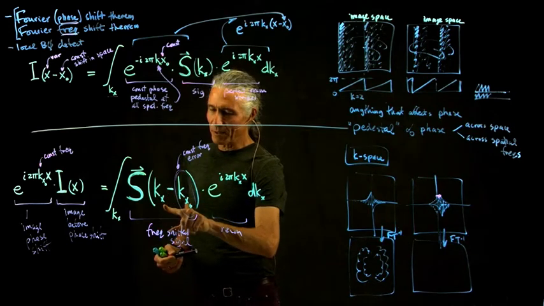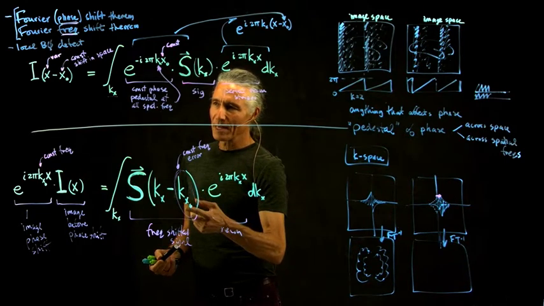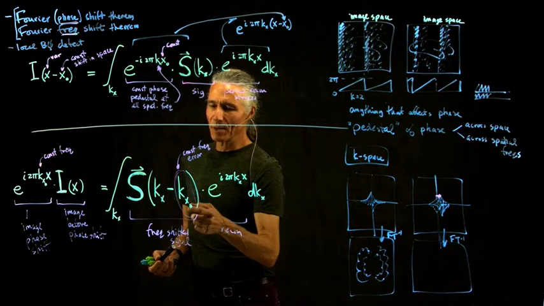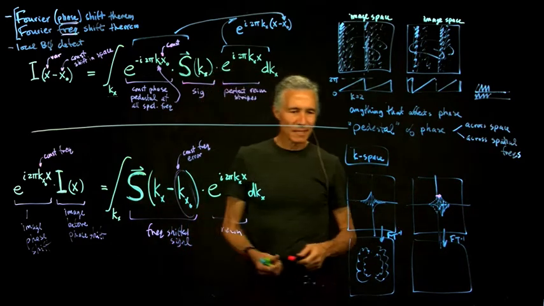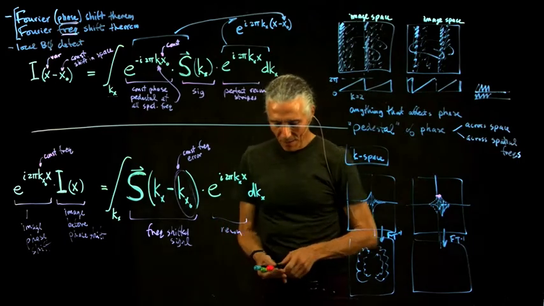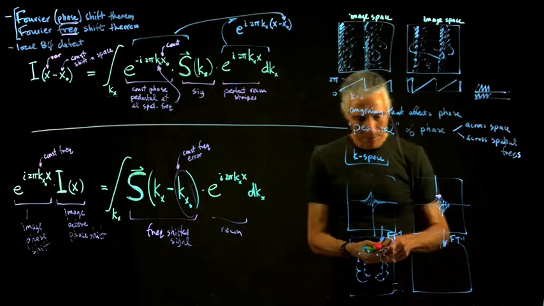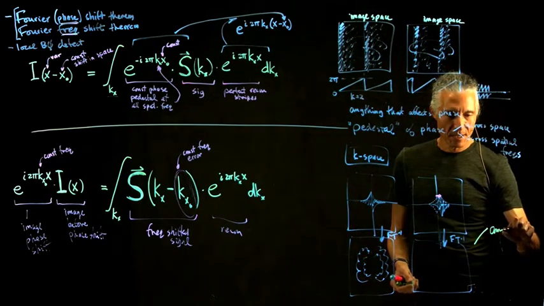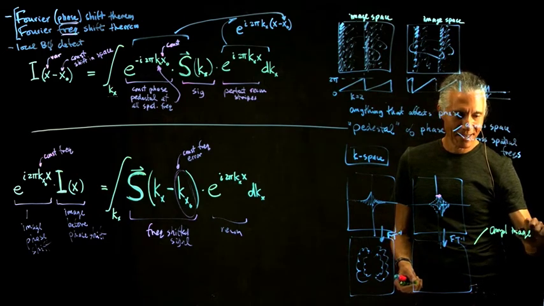At every spatial frequency. So remember, if this is 3, that means we're off by 3, but we're off by 3 for every single spatial frequency. We're subtracting 3 from every spatial frequency. So all it does is it just messes up the phase. And so if you look at the amplitude image, it's okay.